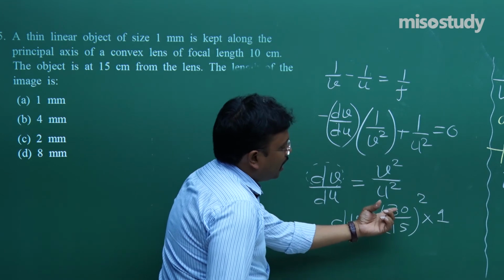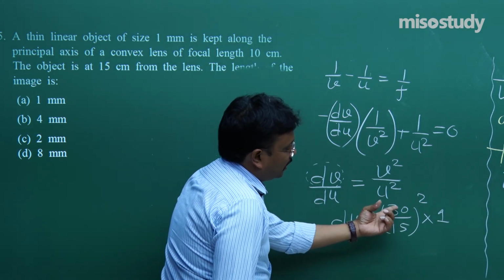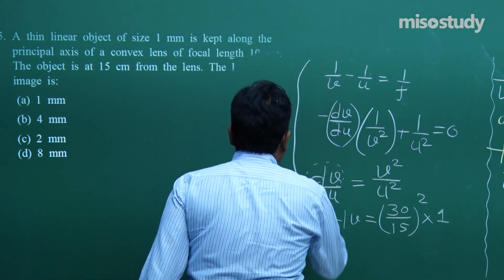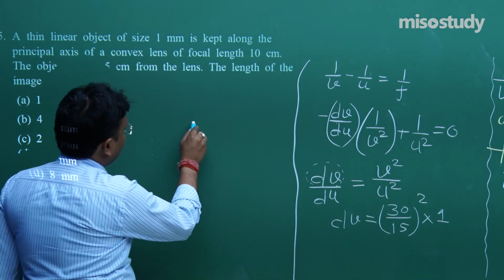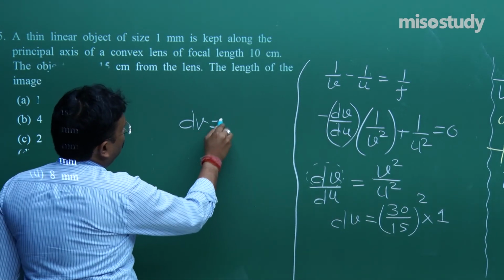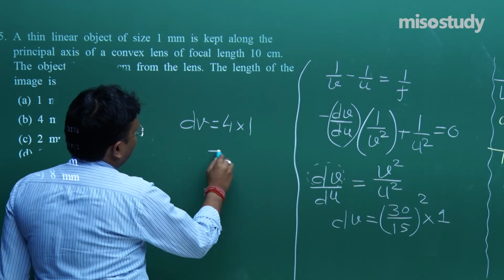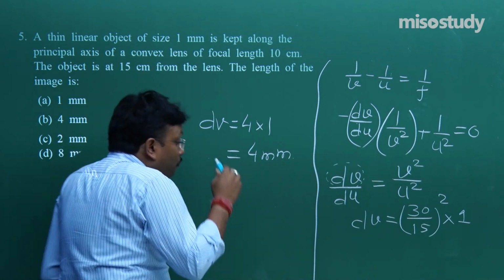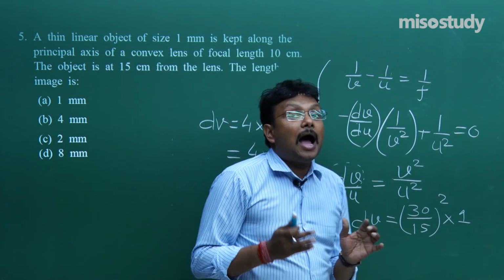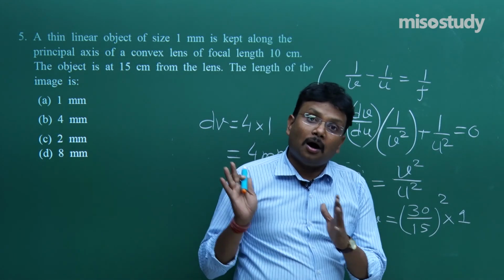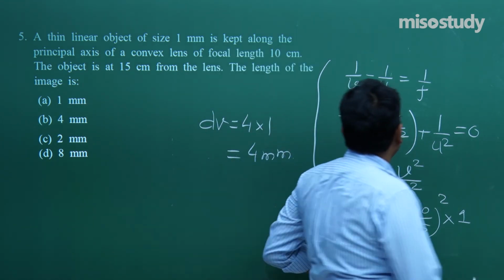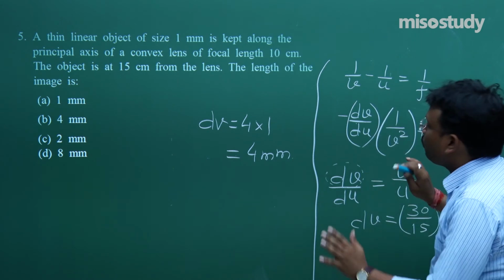Because 30 upon 15 is 2, and 2 into 2 is 4. So ultimately dV is 4 mm, which means 4 times the size of the actual object. This question was anyway not difficult.